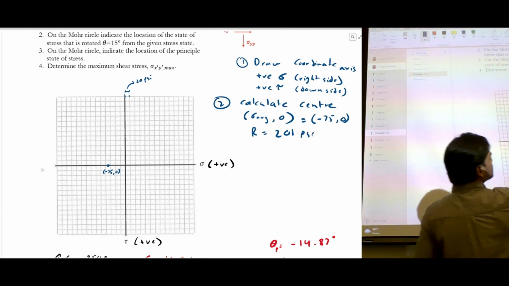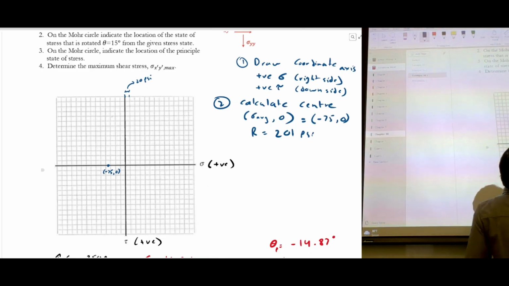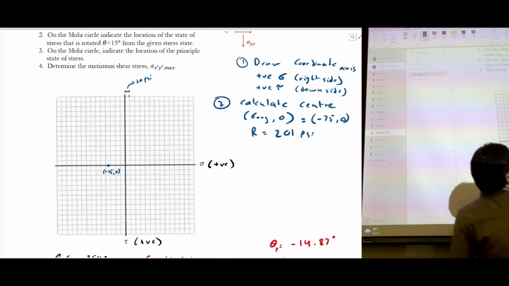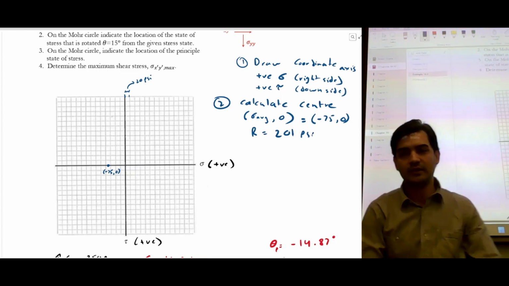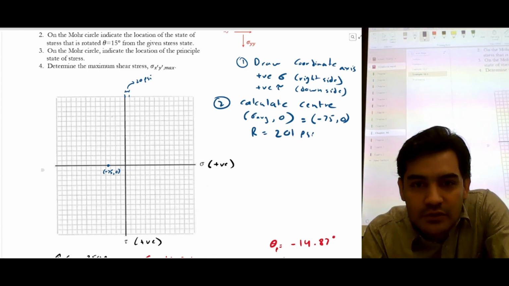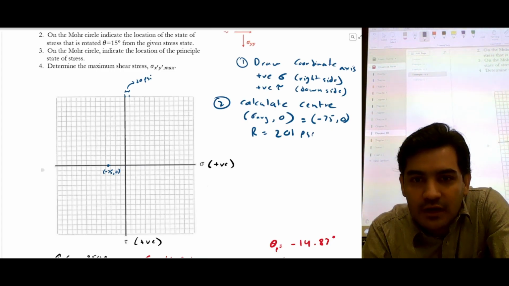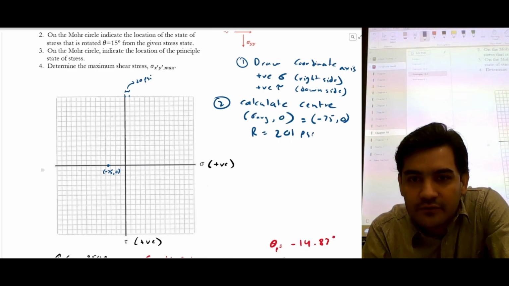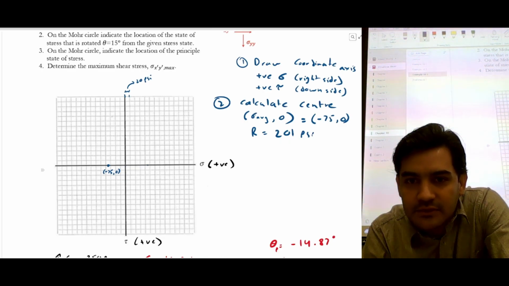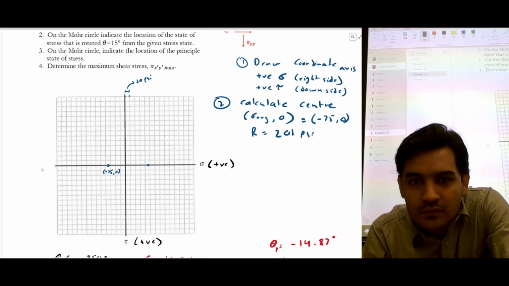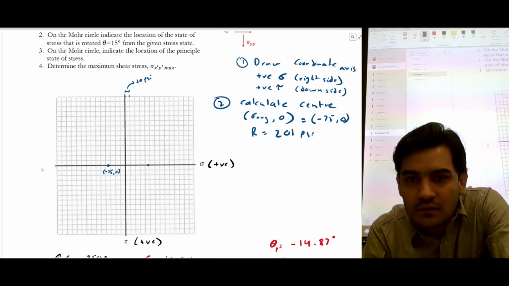That's the radius from the center. So I'm going to go 200 points here, 200 here, 200 here, 200 here, and then I can draw the circle. So it's going to be 20, 30, 40, 50, 60, 100. I think it should be this point.